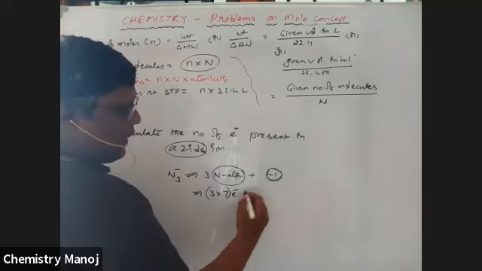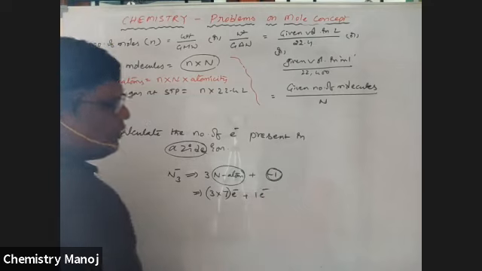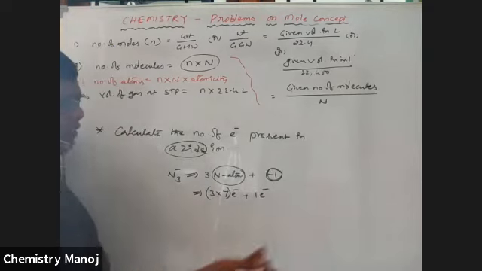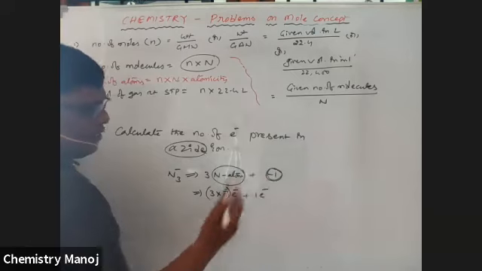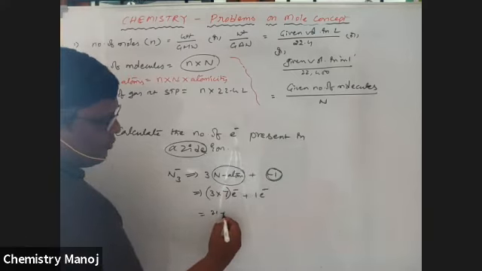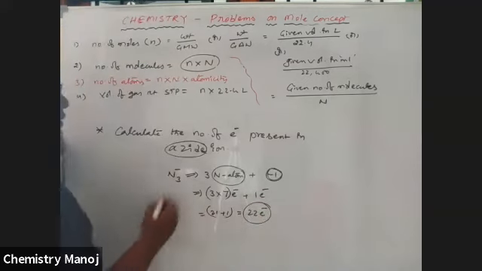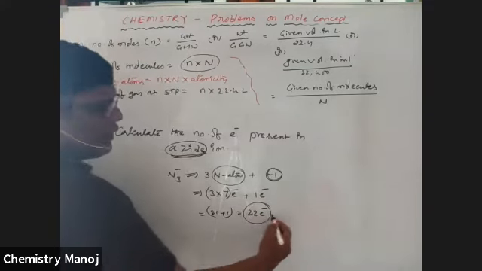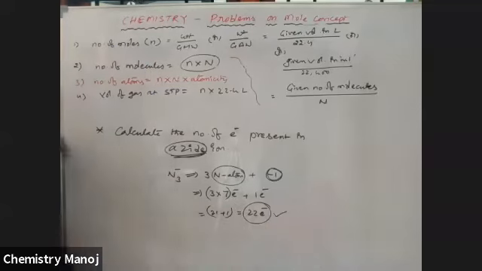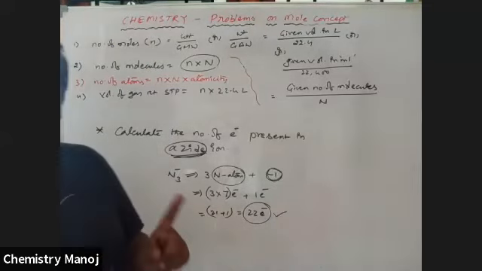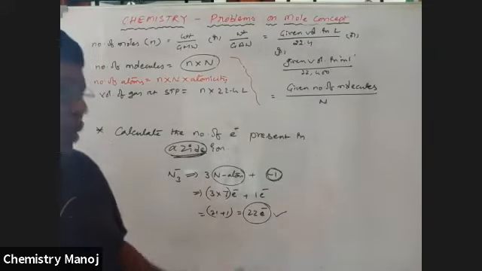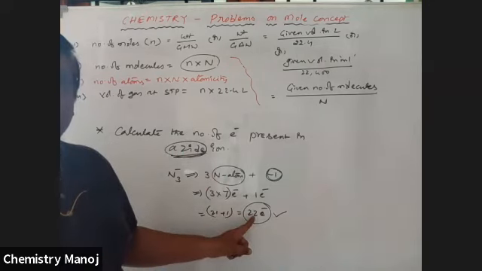But because of this -1, it gains 1 electron. Gaining of electrons gives negative charge, losing of electrons gives positive charge. -1 means 1 electron is gained. That is 21 plus 1, 22 electrons. Mind it, in one azide ion, 22 electrons are present.